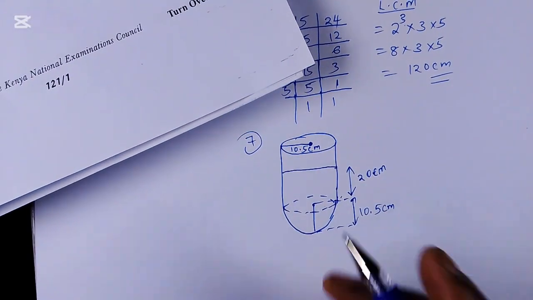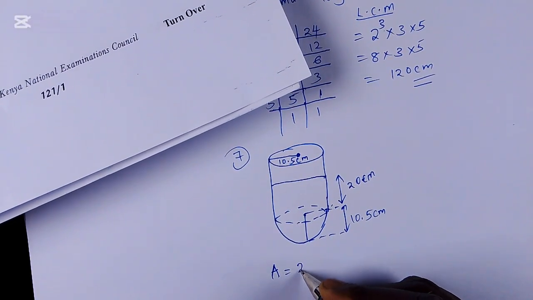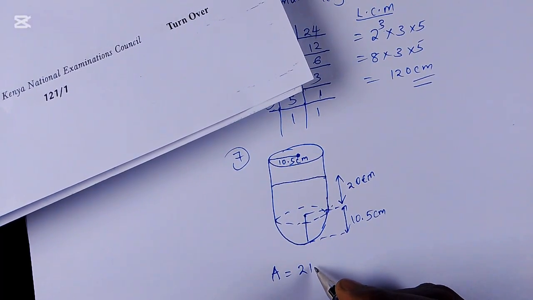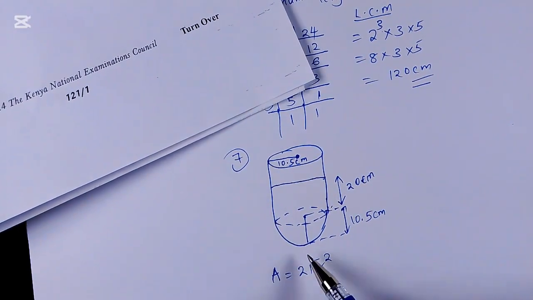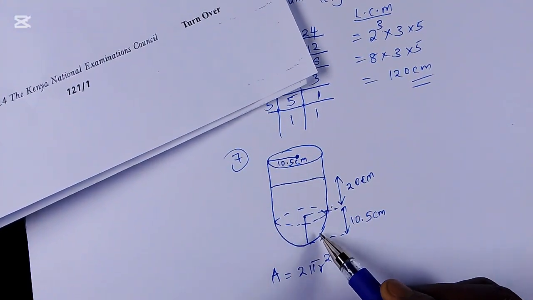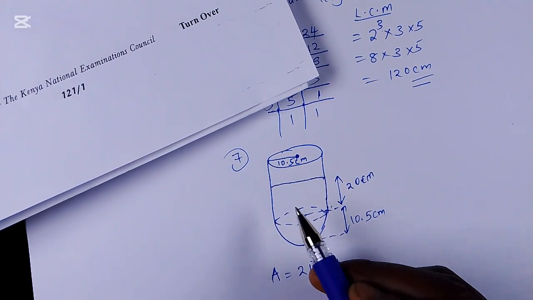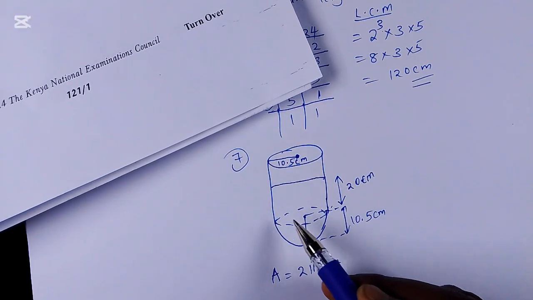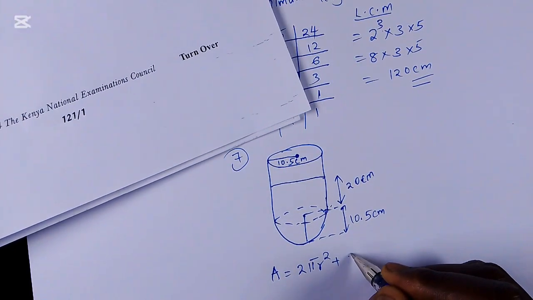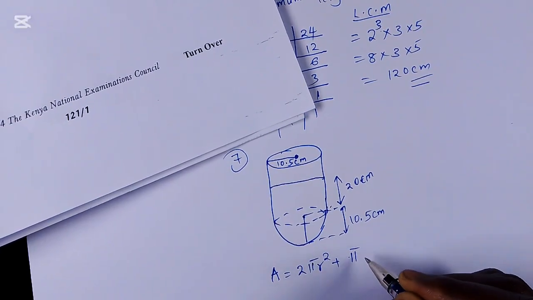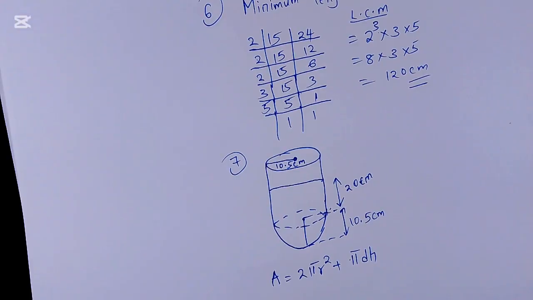And the formula that we will use here is that total area will be equivalent to 2 pi r squared, this is the surface area of the hemisphere that is in contact with water, plus the curved surface area of the cylinder that is in contact with water, which is equal to pi dh. So that is the formula we are going to use.